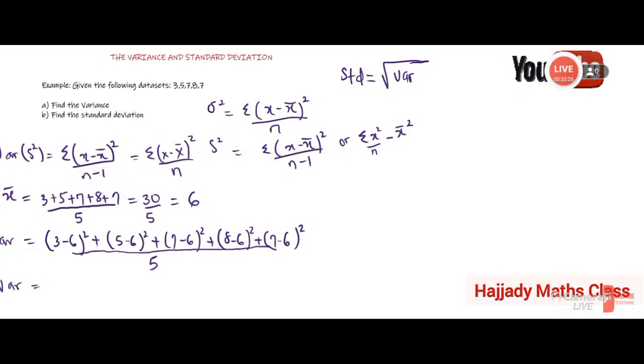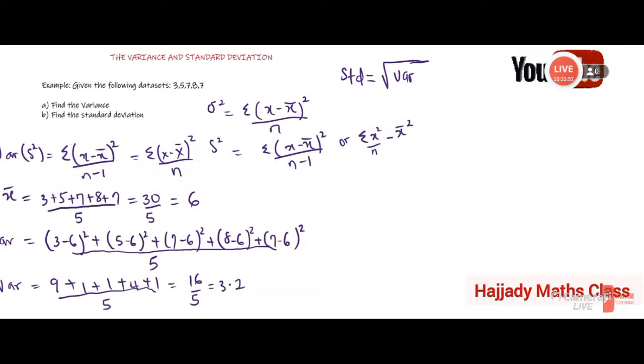Solving this now, 3 minus 6 all squared gives me 9, plus 1 plus 1 plus 4 plus 1, all over 5. This gives me 16 over 5, which is equivalent to 3.2.